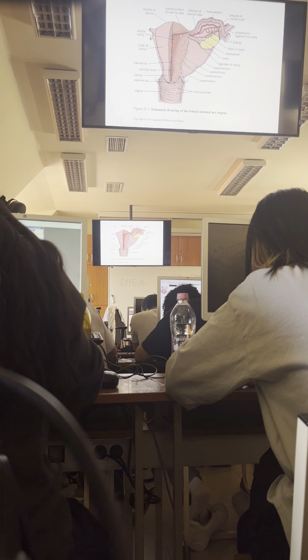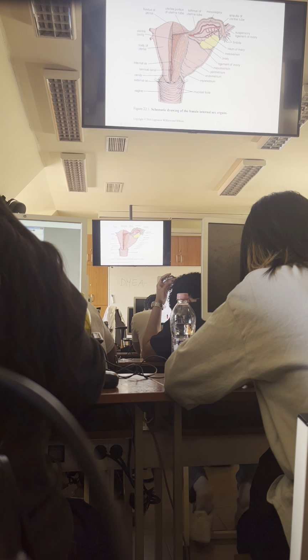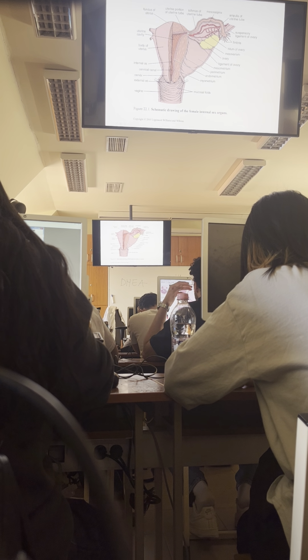And along the length of the uterine tube, we can distinguish several parts. If we start from the uterus, the first part is called the uterine portion, which is really very much connected to the cavity of the uterus. Then there is a narrow isthmus as we are traveling distally.